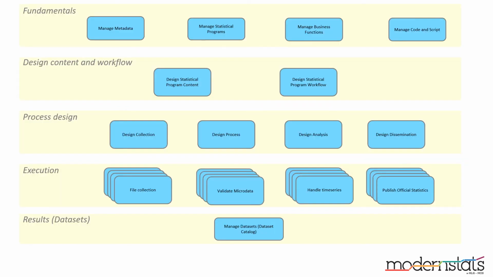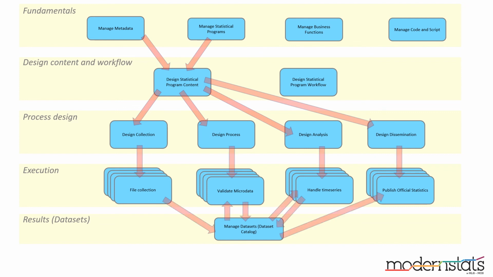Okay, this image is going to be really messy, but it summarizes that we are combining from our fundamental capabilities, our repositories up there, and we do design that we can give down to the process design, and then we can give it down to the execution that produces datasets described by metadata from our metadata capability up in the left corner.